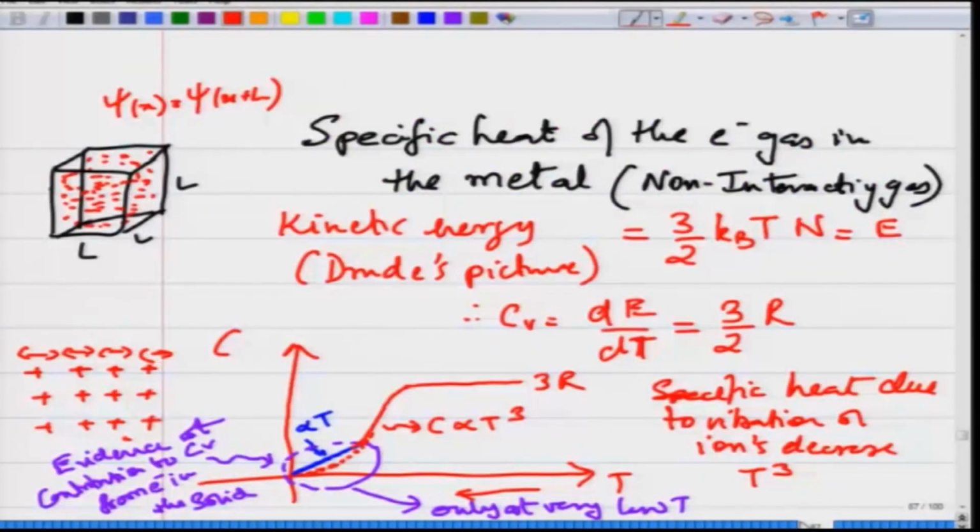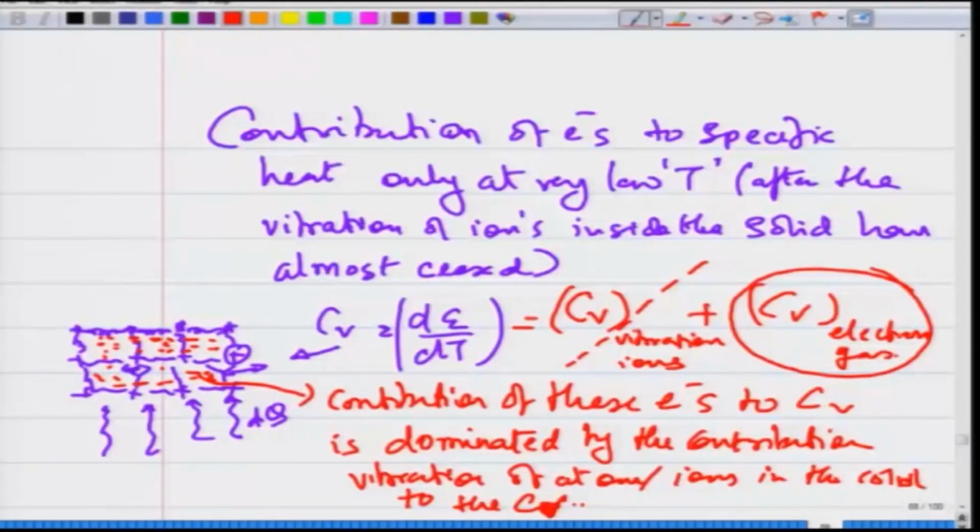This temperature dependence of the specific heat is all due to the vibration of ions, and only at very low temperatures, well below 4 Kelvin, very close to absolute 0, where the ions have almost become rigid and are no longer vibrating about, do you start seeing the specific heat of the electron gas inside the solid, because you have eliminated the effect of specific heat of vibrations.